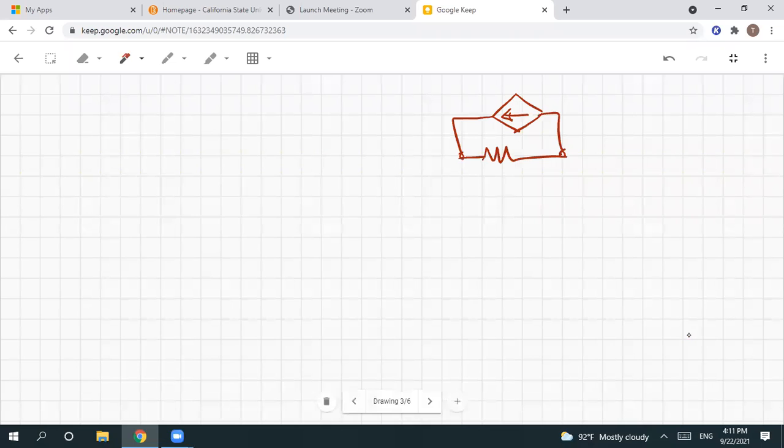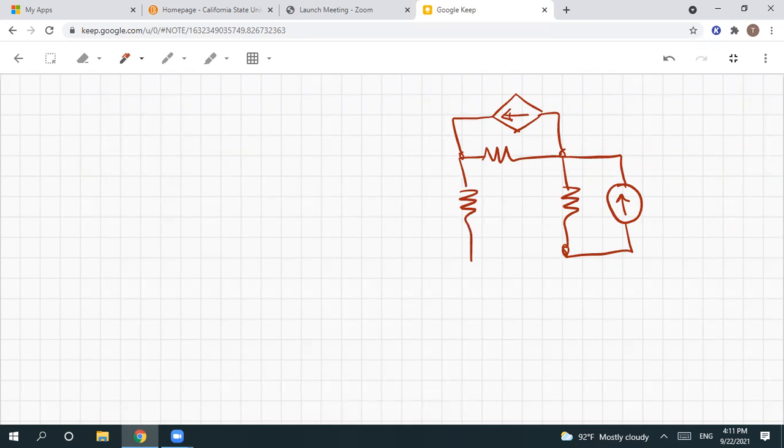And here we have another resistor, and here we have another current source, and another resistor here, and resistor, and voltage source.